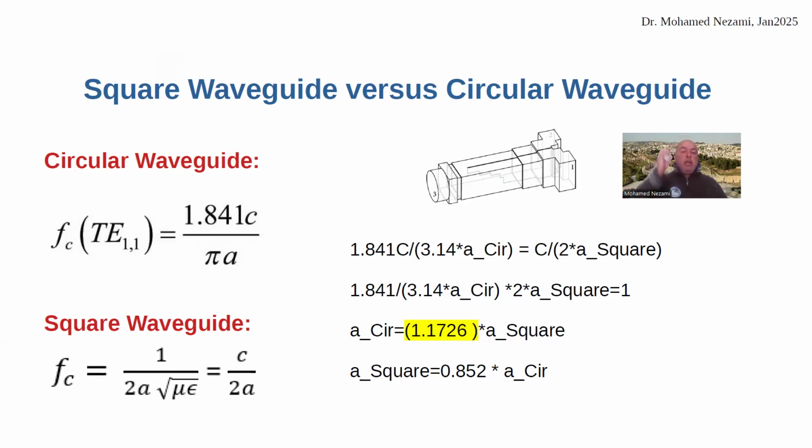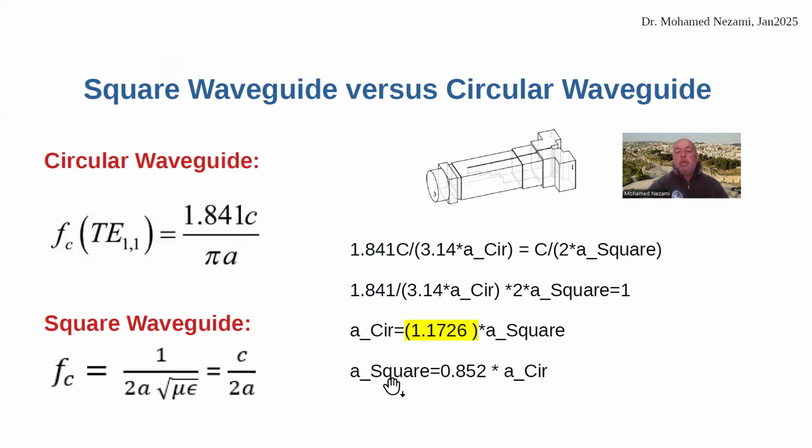Now, depending on the manufacturing capabilities that you have, either be it aluminum casting or CNCing aluminum blocks, you can equate this equation to this equation here, and you're going to come up with a relationship that compares the square waveguide to the circular waveguide in terms of their cutoff frequencies.